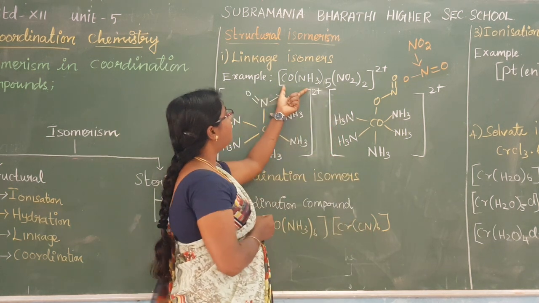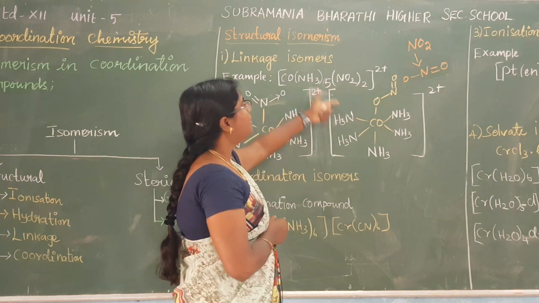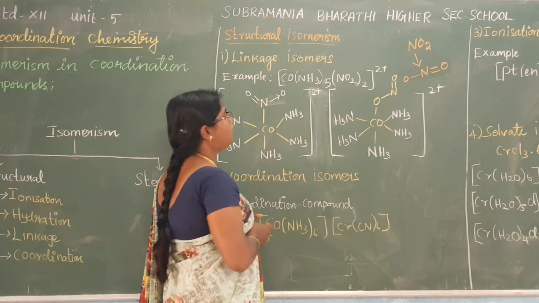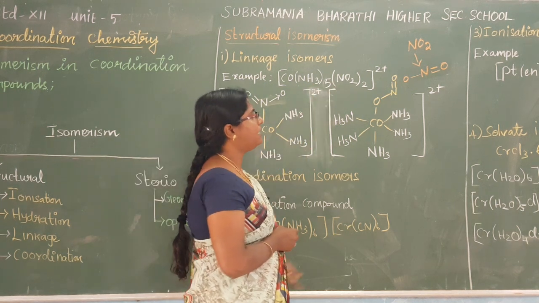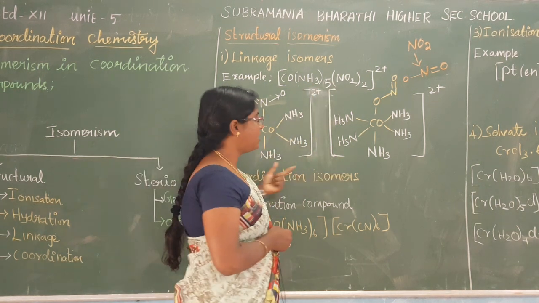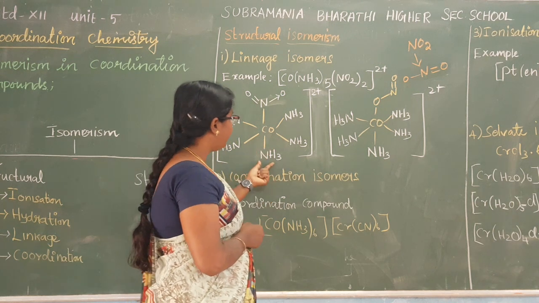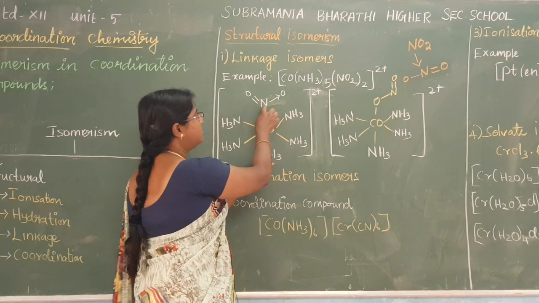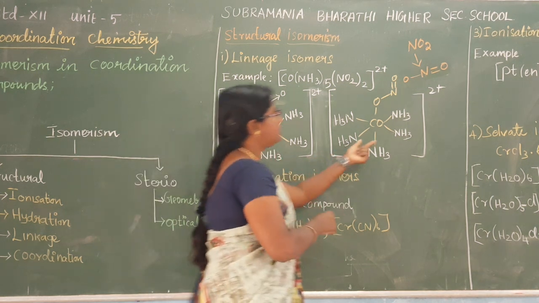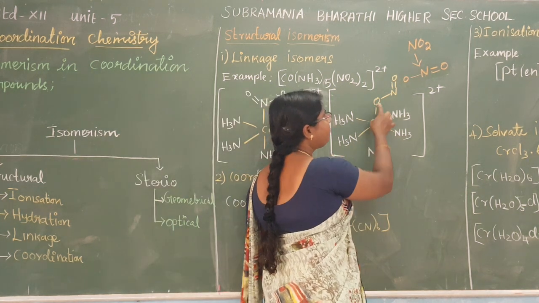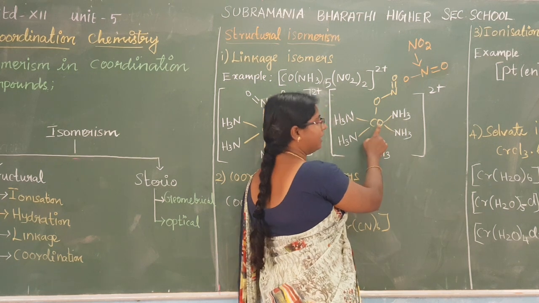You see the example, this is the example given to explain linkage isomers. If I draw the structures for these complex ions, I can get the structure like this. In the first compound the nitrogen is attached to the central metal atom. In the second case the oxygen is attached to the central metal atom.